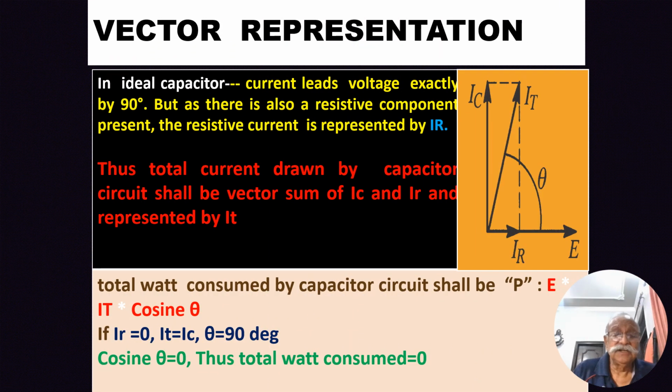Now, vector representation of power factor is a well-known phenomenon. Under normal course, we feel that IR should be at 90 degrees with IC, but definitely on account of power factor, there is always an angle between IC and IR.